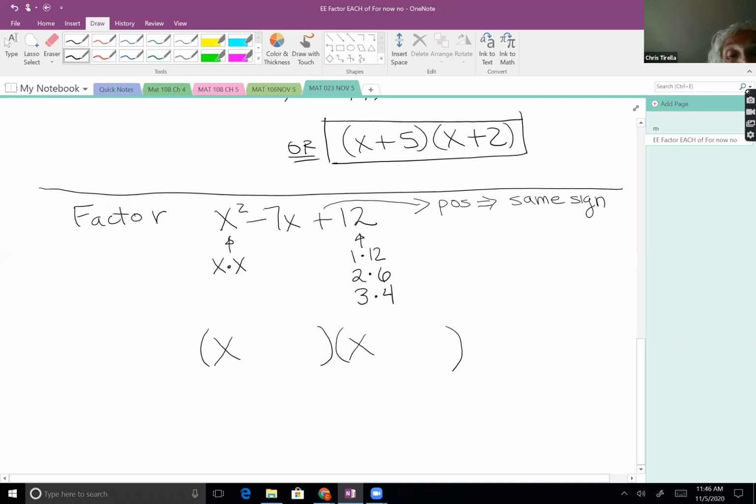But because this middle one is negative, they're going to be both negative. So that's almost like saying these would both have to be negative, right? Negative, negative, negative, negative.